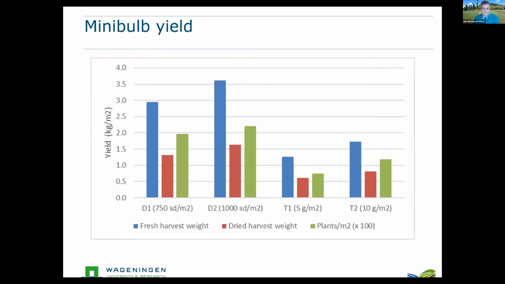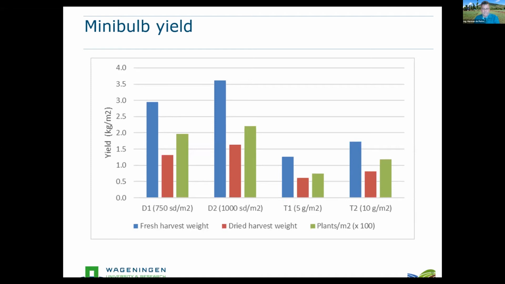So at harvest, D1 and D2 means direct sowing treatments with 750 or 1,000 seeds per square meter immediately in the field. Between the seed densities, you can see a slight difference between the low and the high density: about 3 kilos per square meter for the low density and 3.6 kilos per square meter for the high density.